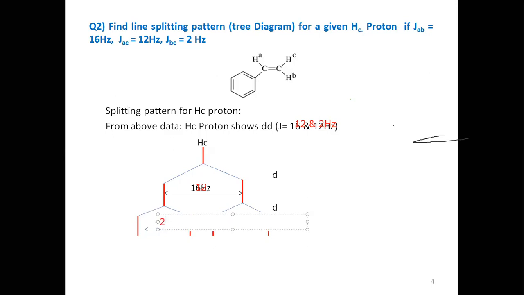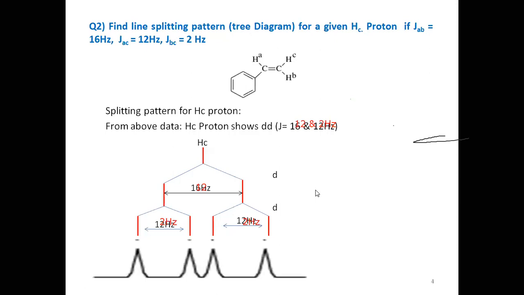You are getting 4 lines like the previous one. So you are getting 12 hertz for the first splitting and 2 hertz for the second splitting, because it is a doublet of doublet at 12 and 2 hertz.